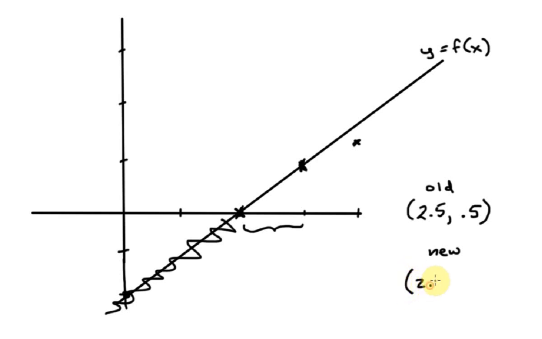Well, the x is still 2.5, but what I have to do is get the square root of 0.5, which is approximately 0.7. Now, what you want to note here is that the original point was down here at 0.5, and now I'm a little bit higher. I'm maybe about here. Okay?